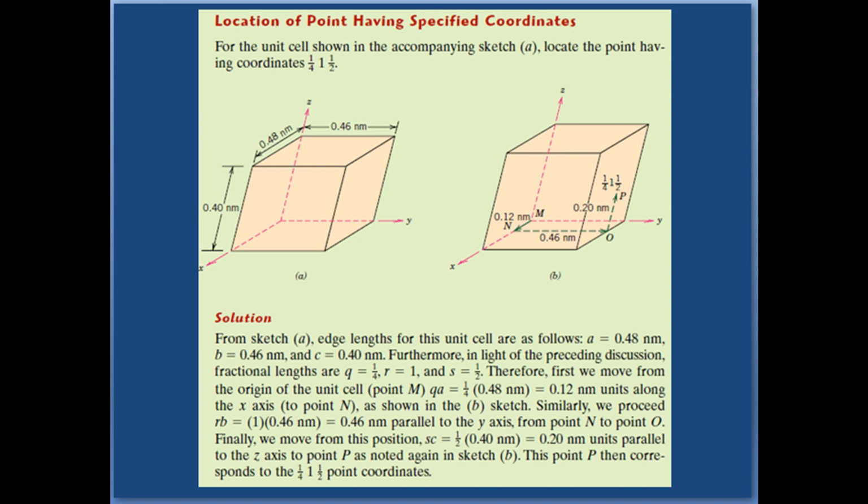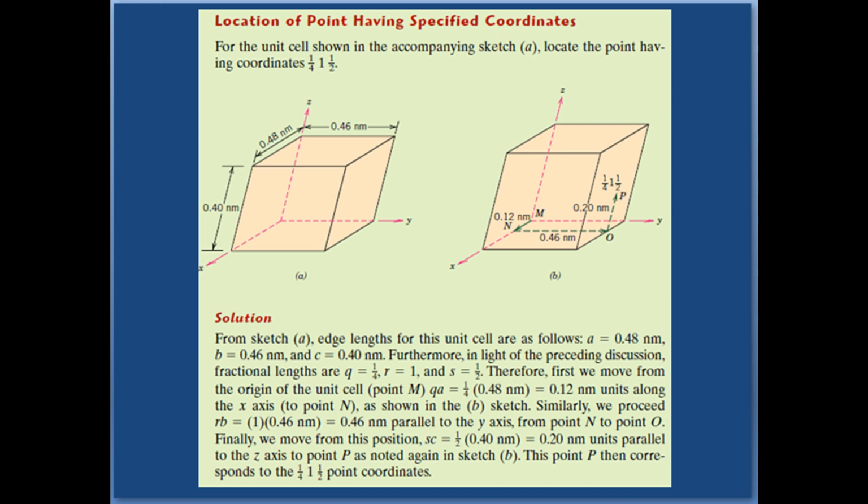Now we are going to correlate these q, r, s, which are the coordinates of point P, with the edge lengths of the unit cell. In figure A, the edge lengths are given to you, and accordingly you are supposed to locate the point P with respect to the coordinates 1/4, 1 and 1/2.